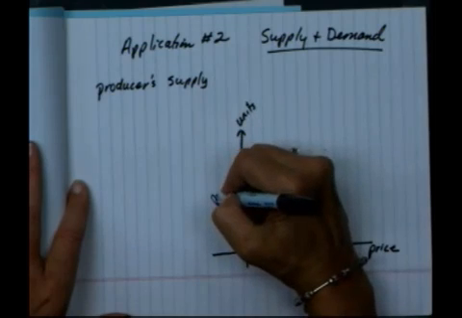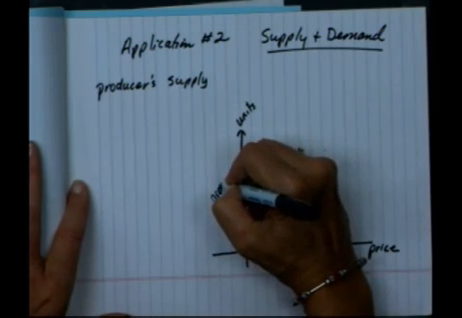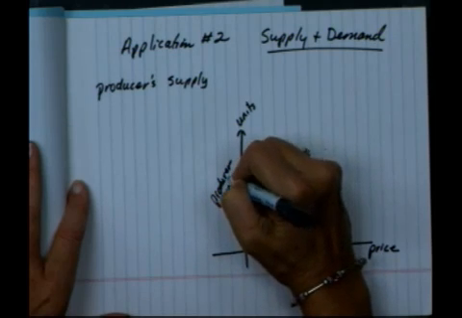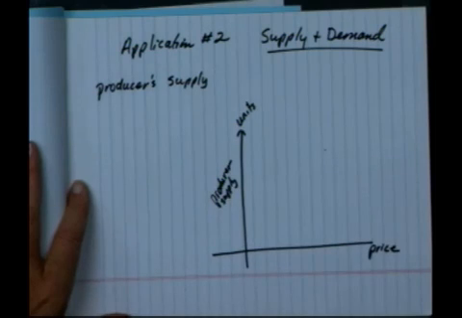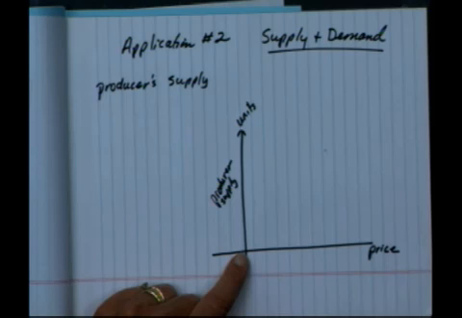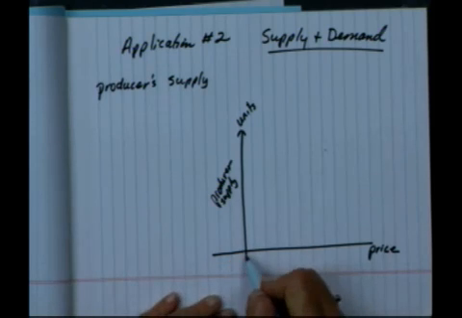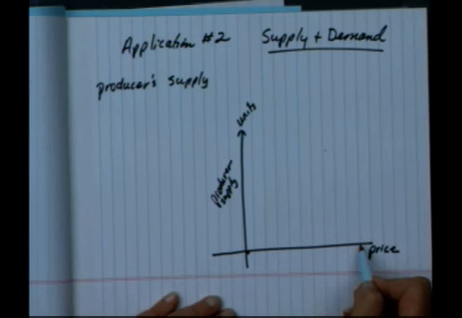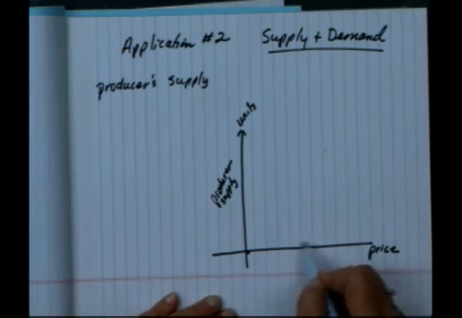So along here we have the number of units that the producer will supply. Okay, now if you're running a business and the price is near $0 versus if you're running a business and the price is $100 per unit, when are you going to produce the most units?